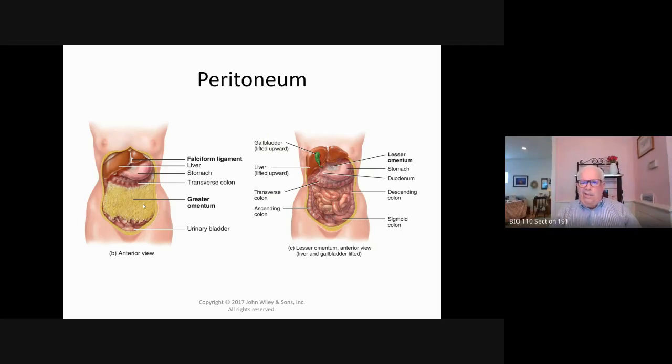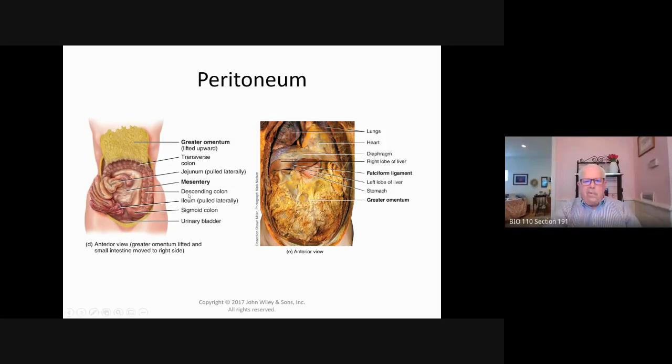I guarantee you, I will ask a question on one of the parts of the peritoneum. Okay? Here's the mesentery. Here's the greater omentum. Here's the falciform ligament. So know the 5 different parts of the peritoneum.